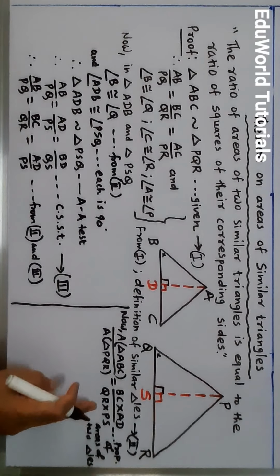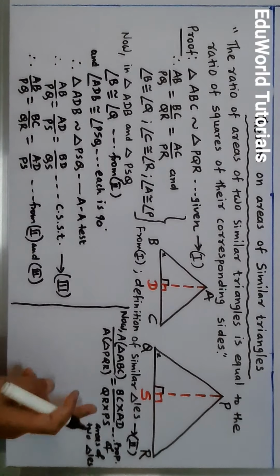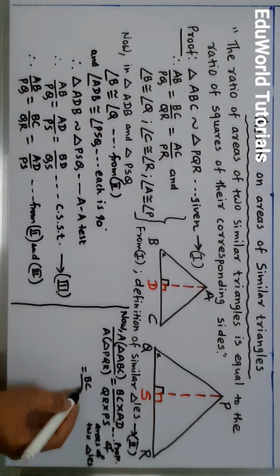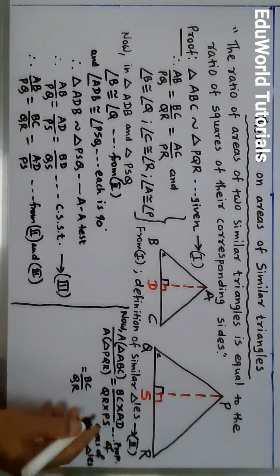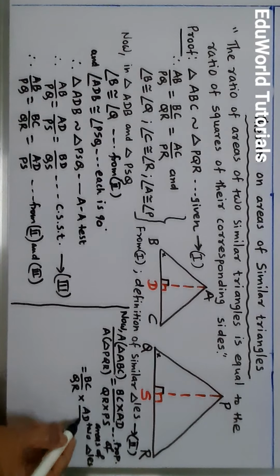Why are we using this? Now you can come to know why we had written these three ratios equal. So what I will do is, this is equal to BC upon QR, which is one ratio, into AD upon PS, this ratio which I am seeing. I could have separated also. Let me write BC upon QR into AD upon PS.